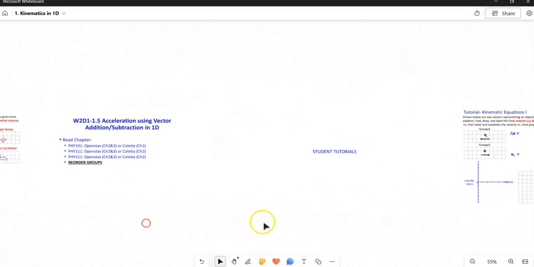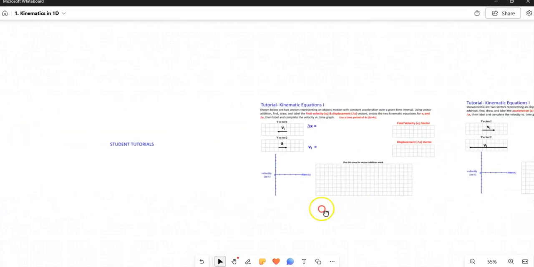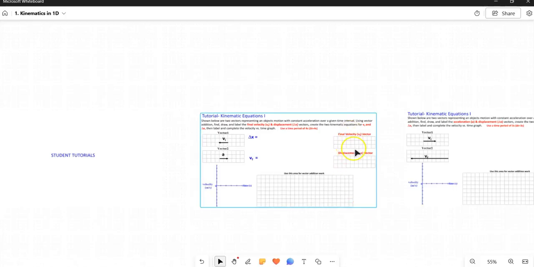The requirement is to complete all the red areas. So for example, in this first one, complete these two red vectors. I'm sorry, all red areas. You're supposed to complete the two parts here, write the two equations, and complete this velocity versus time graph.